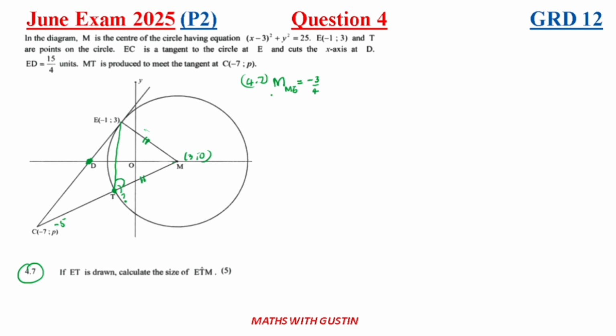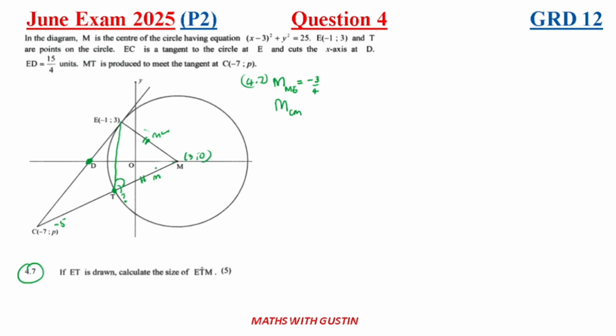Okay, so what else do we need? We also need the gradient of this line here, which is the gradient of MC, right? So now let's go ahead and find the gradient of MC, the gradient of this line. We've got the gradient of this line and we also have the gradient of this line.